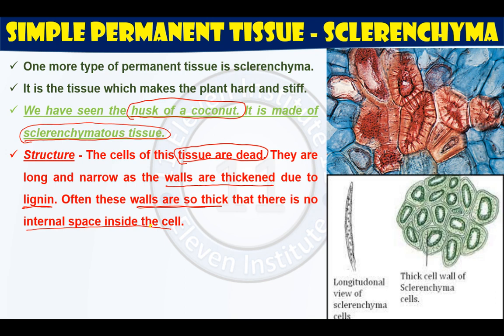Now don't confuse this with intercellular space. What is written over here, internal space, means suppose this is a sclerenchyma cell. So this space inside the cell, there is enough space.